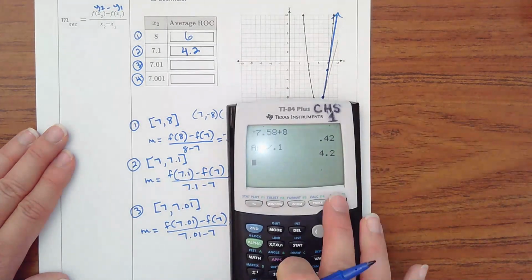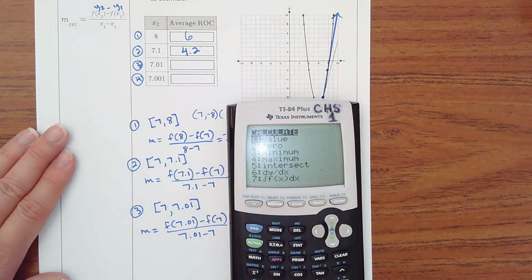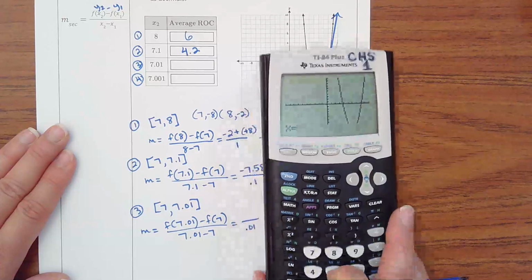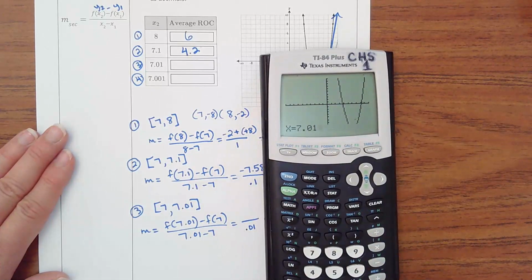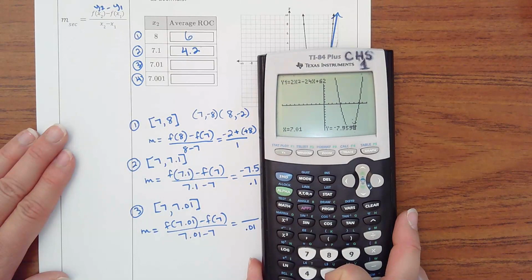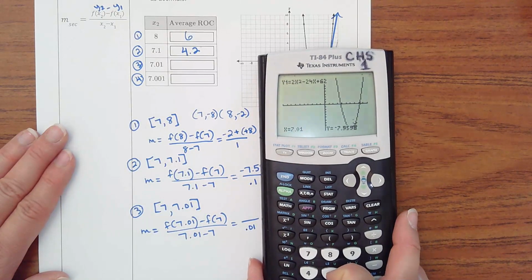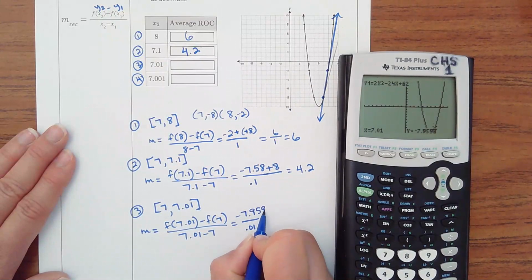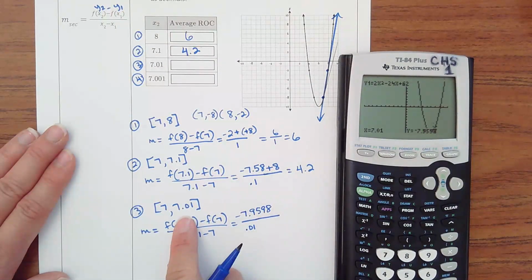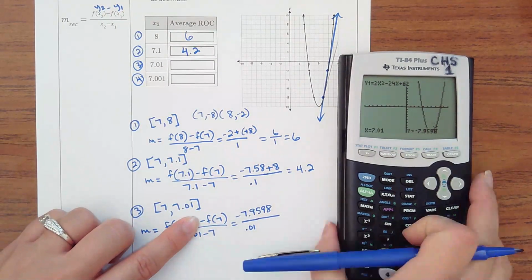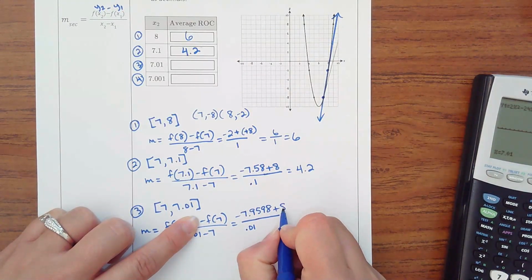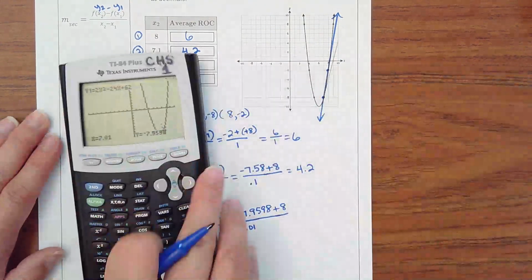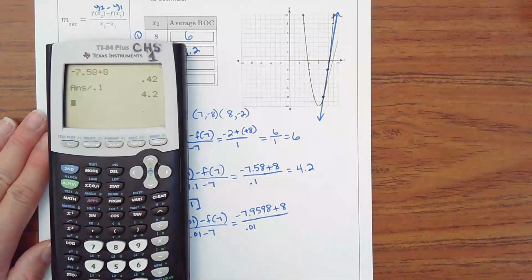I need to go back to my graph, second calc, value, and put in 7.01. Don't round. So negative 7.9598. For this, and then minus, we already know that it was negative 8, so that turns into plus 8. So you're going to have to second quit and do the math.